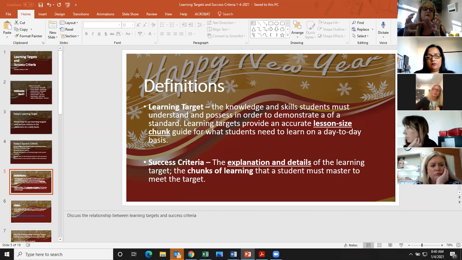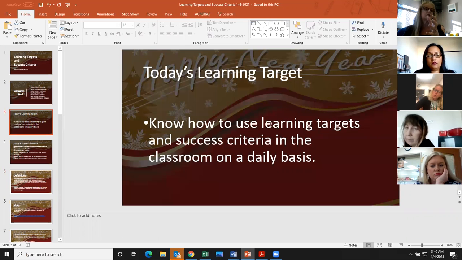And then the success criteria is an even smaller chunk on how the students know that they have mastered that learning target.